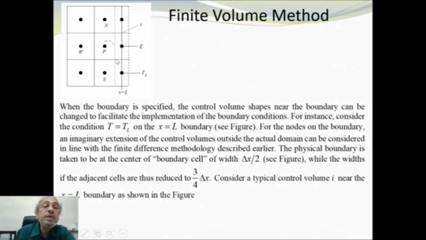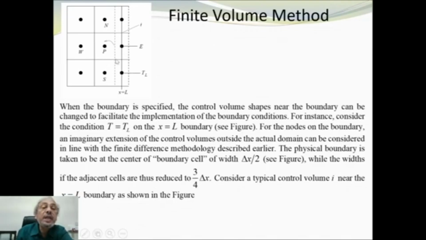So this is the physical boundary of the neighboring cell, and this is delta x by 4, delta x by 4, we have done these extensions. The physical boundary is taken to be the center of the boundary cell of width delta x by 2, while the width of the adjacent cell is reduced to 3 delta x by 4.